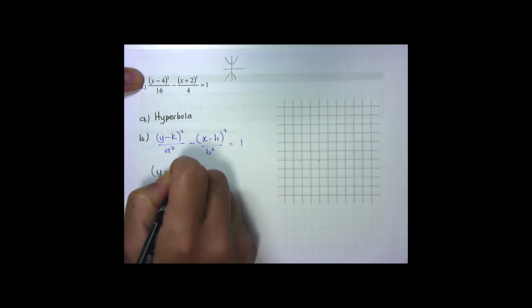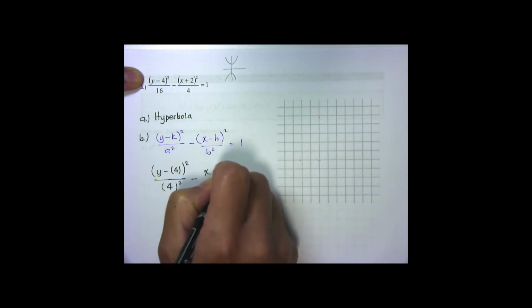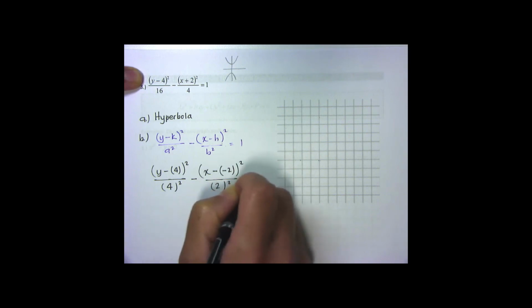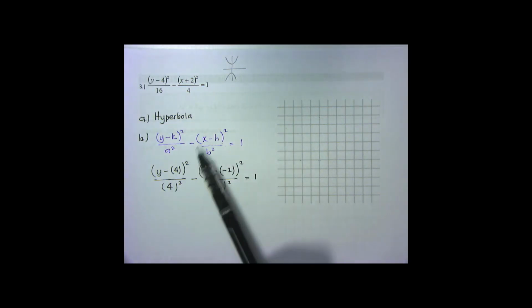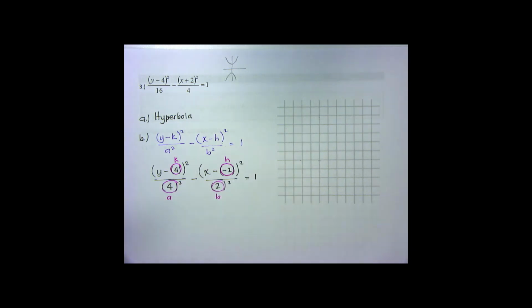If I rewrite it, this will be y minus 4 quantity squared over 4 squared minus x minus negative 2 quantity squared divided by 2 squared equal to 1. I'm going to write the x plus 2 as x minus negative 2 so that you can clearly see that the entire negative 2 represents h. The 4 represents k. This 4 over here represents a. 2 represents b.